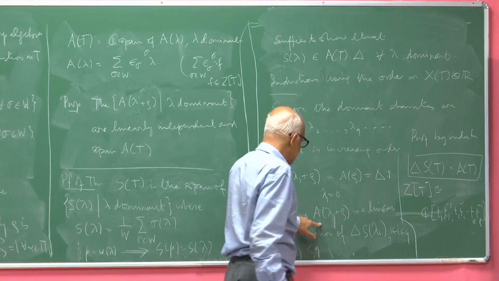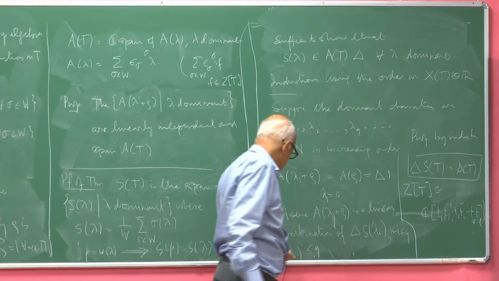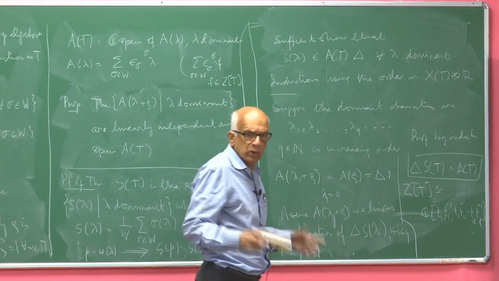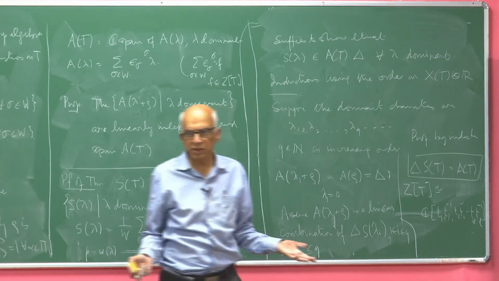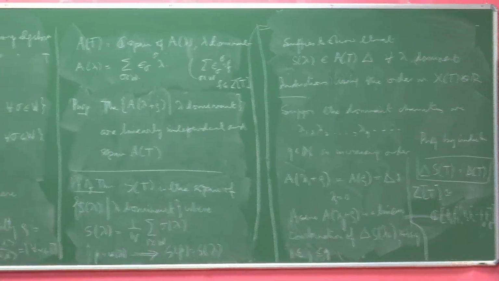Suppose I proved that a lambda j plus rho is such a combination for all 1 less than or equal to j less than or equal to q. I want to prove it for q plus 1; that is induction. So what happens for q plus 1?